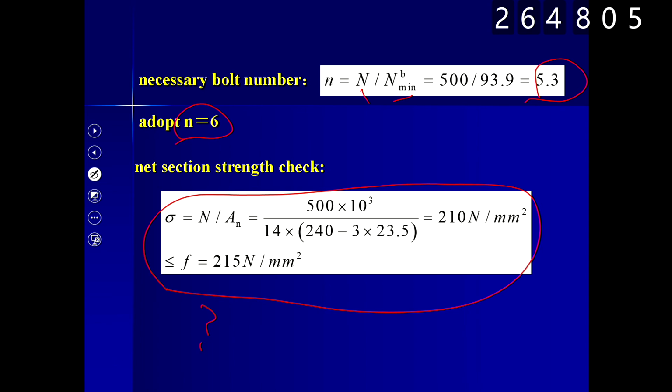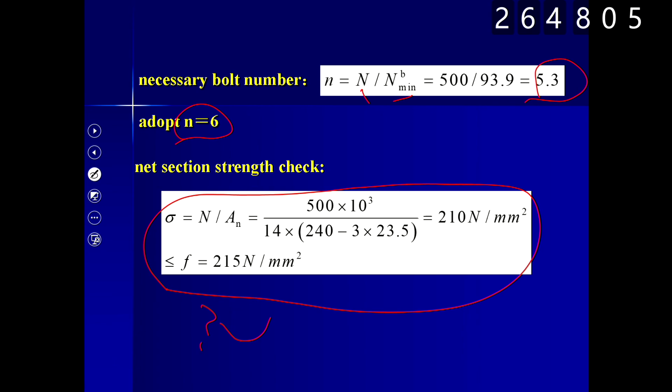Now, why do we do this calculation? By choosing 6 means that you round off, right? Not round off. Why did you choose 6 and not 5? For safety.